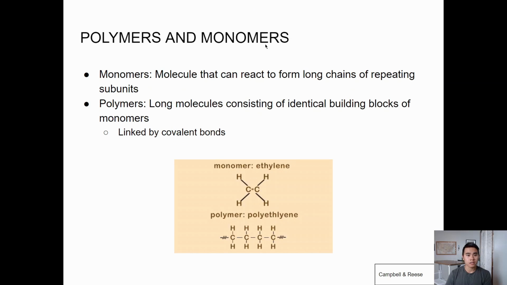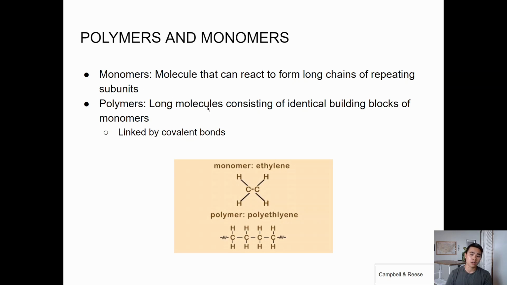So what I would relate this to is Legos. Think of one Lego piece like a monomer, and it's a molecule that can react to form long chains of repeating subunits. So just like how one Lego can attach to another Lego, one monomer can continue attaching to become a polymer.